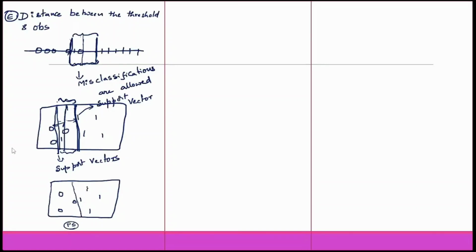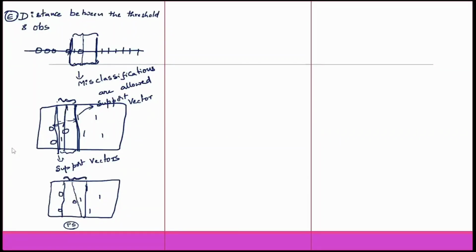Now, second solution, you may say, no, I will not go with that option. I'll draw one support vector like this, and I'll also draw another support vector here. This is creating a very big margin, right?